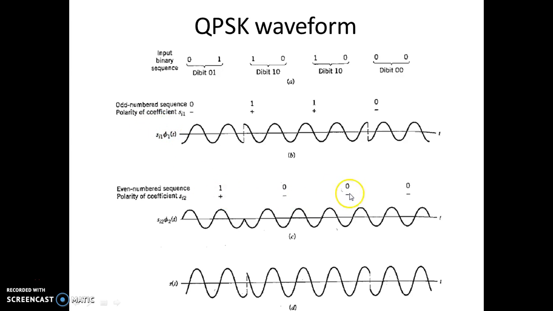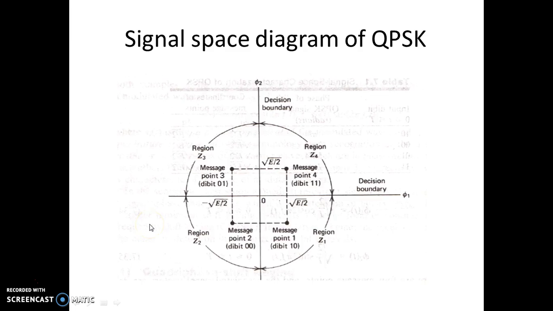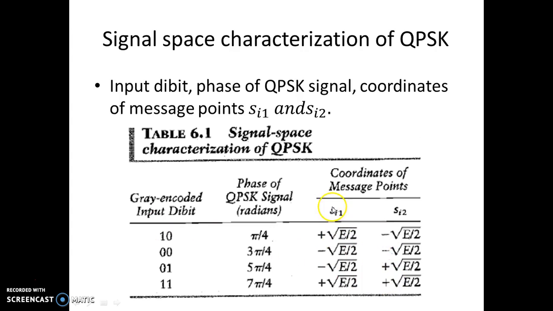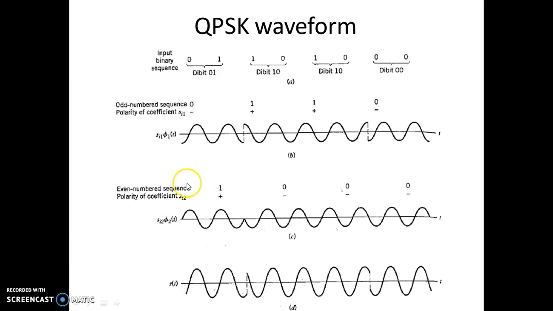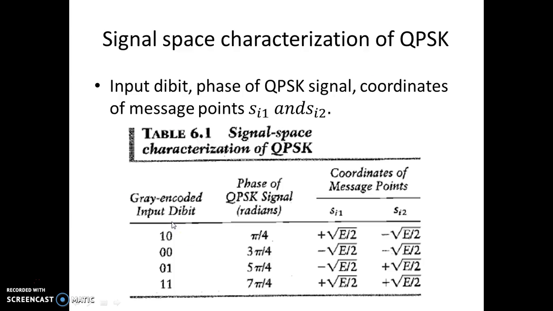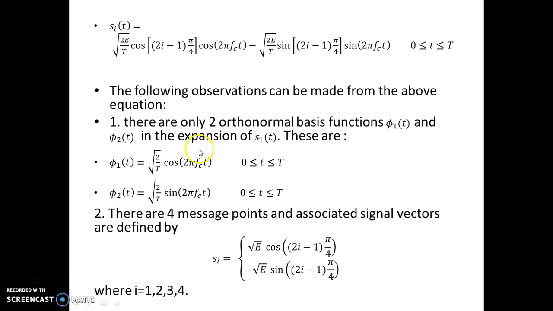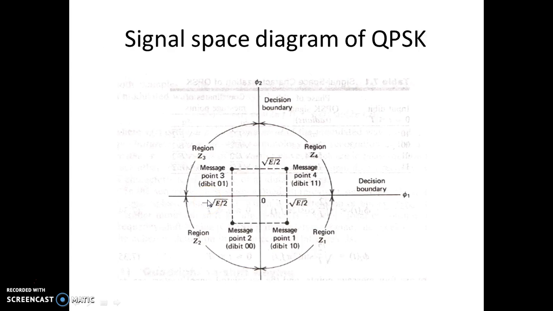Here plus, minus, minus, minus, all these are signs of Si2. As I mentioned, Si1 and Si2 will contain these sign changes corresponding to whether the incoming bit is a 1 or a 0. Si1 should get multiplied with phi1 of t, and Si2 should get multiplied with phi2 of t. Phi1 of t is a cosine function, phi2 of t is a sine function.